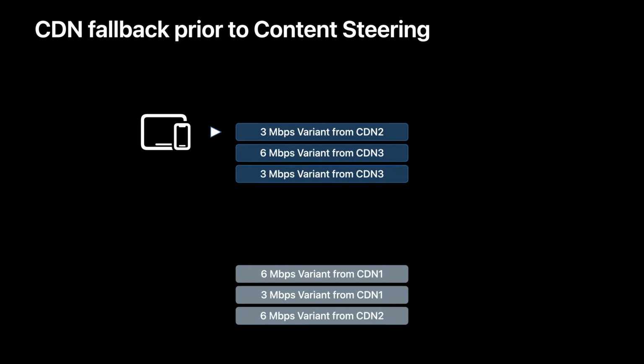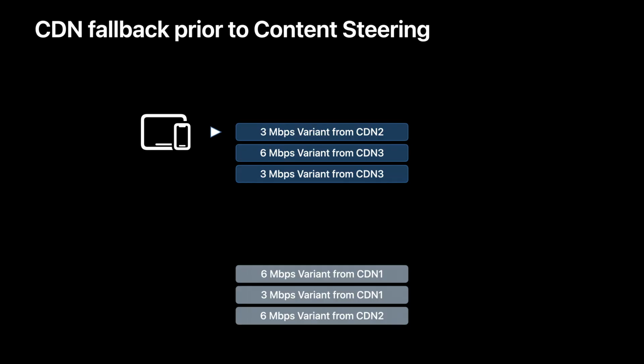It can do this on and on until no variant is left to fall back to. However, even though the playlist authoring server can control the ordering of the fallback variants, such control only happens at the point of the client requesting the multivariant playlist. And once the playlist was handed out, there's no way to change the fallback ordering.